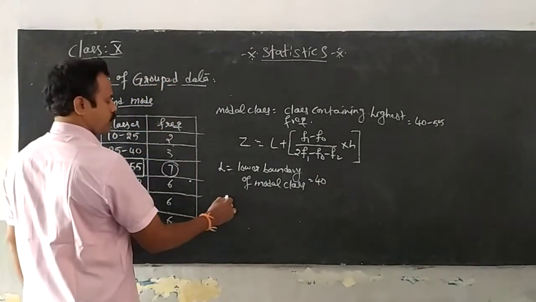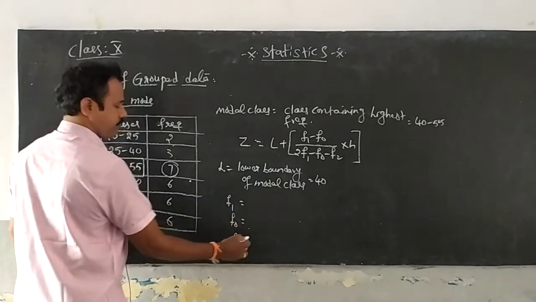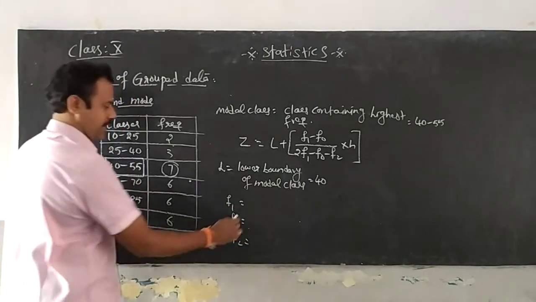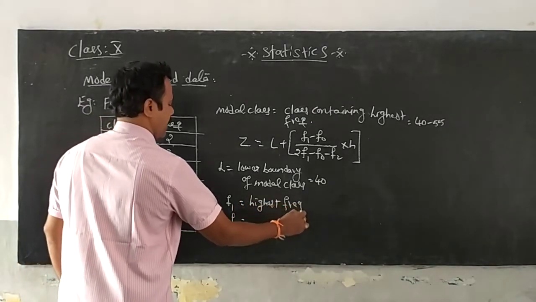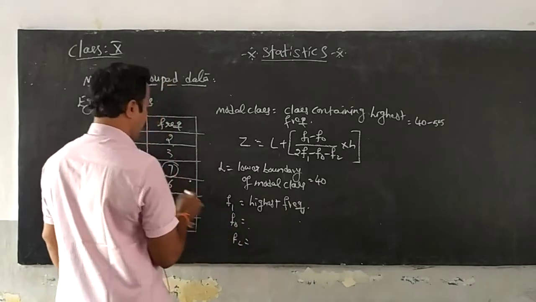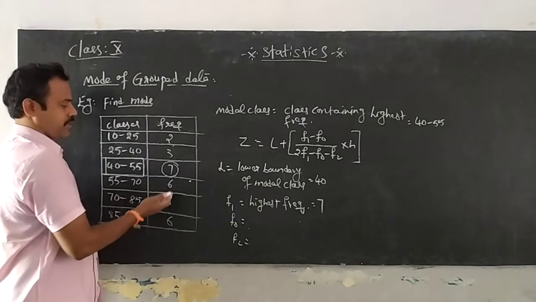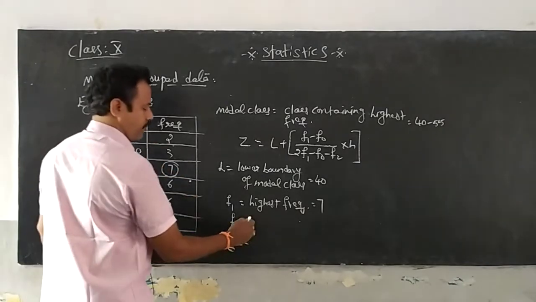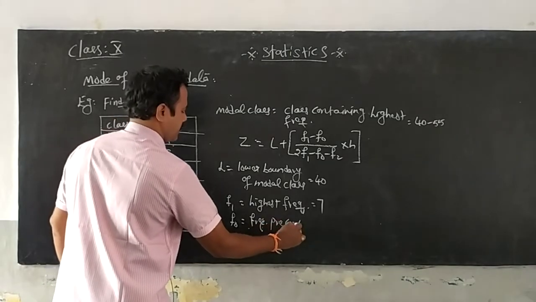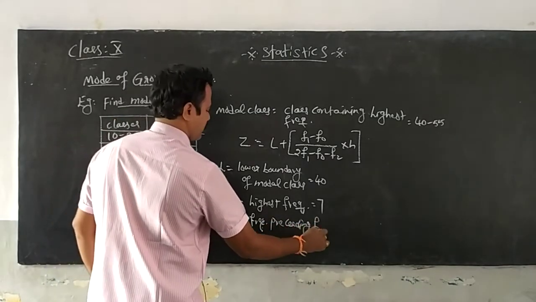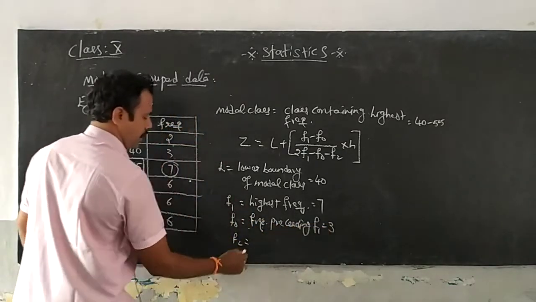Now I want you to know F1, F0 and F2. What is F1? The highest frequency, which here is 7. What is F0? The frequency preceding F1, which is 3.